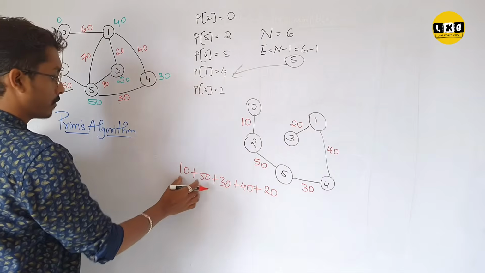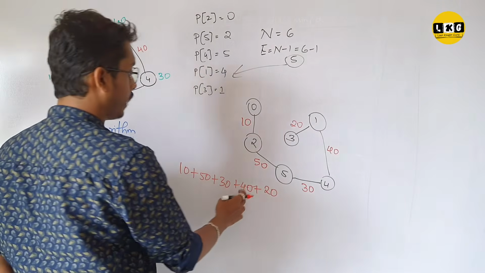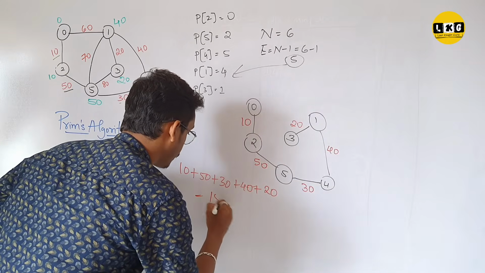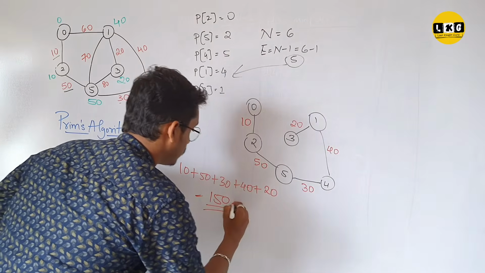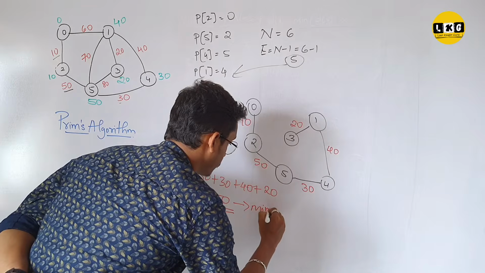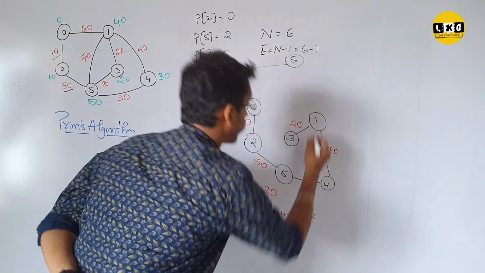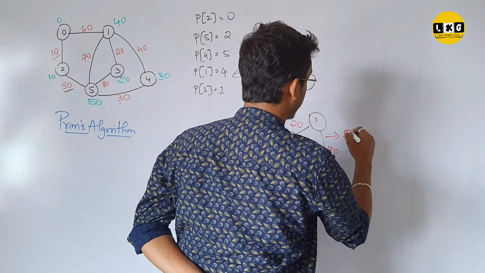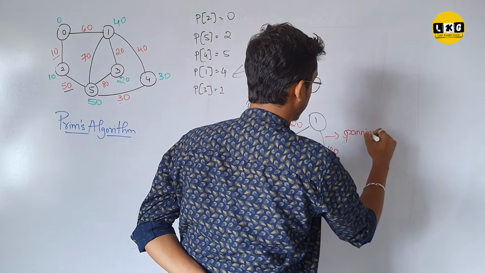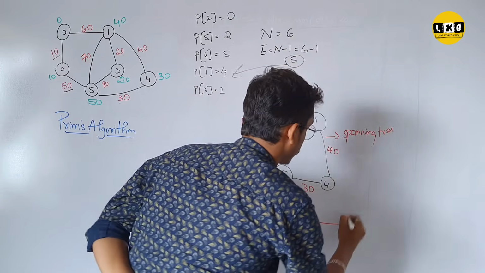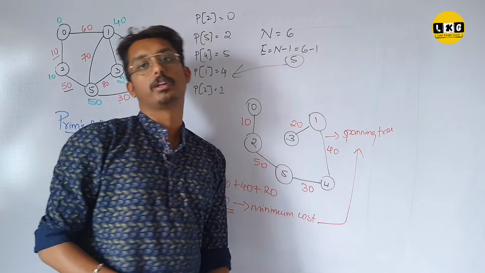So 10 plus 50 is 60, 60 plus 30 is 90, 90 plus 40 is 130, 130 plus 20 is 150. This is nothing but the minimum cost, and this is the spanning tree. We got the minimum cost spanning tree. This completes our Prim's algorithm.